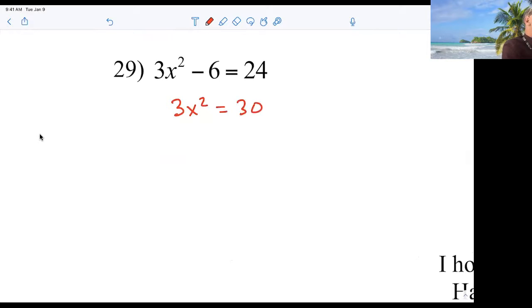And then I do what? Divide by 3. So x squared equals 10, and now what? Square root. So x equals plus or minus what? Radical 10. We're not dividing by 2.